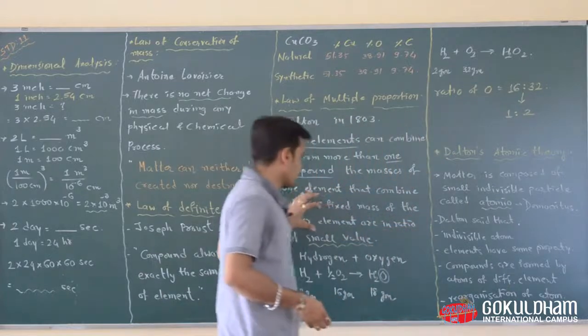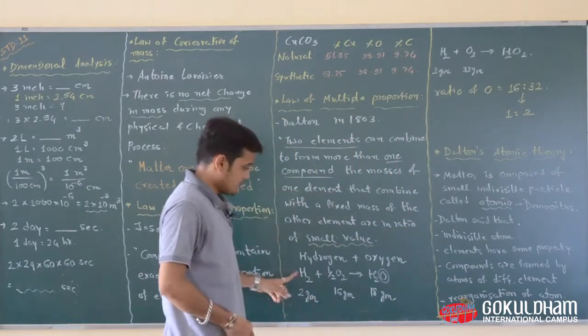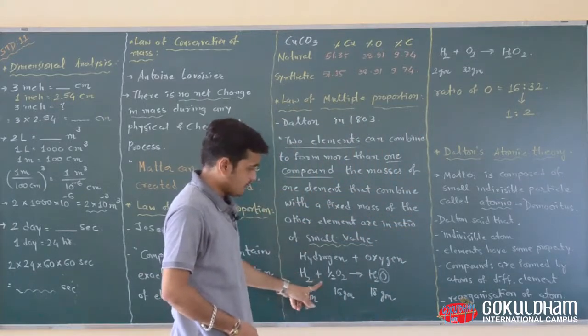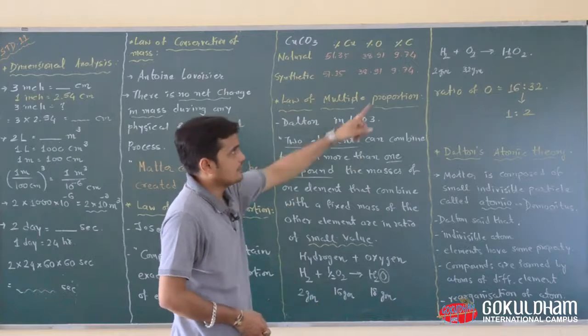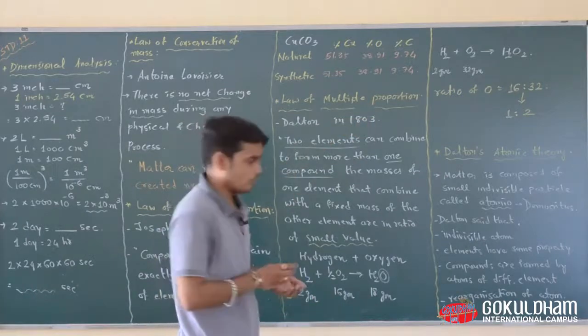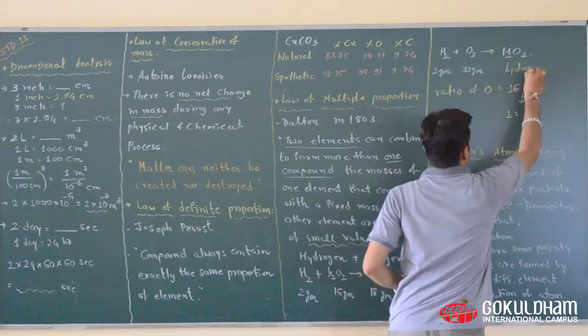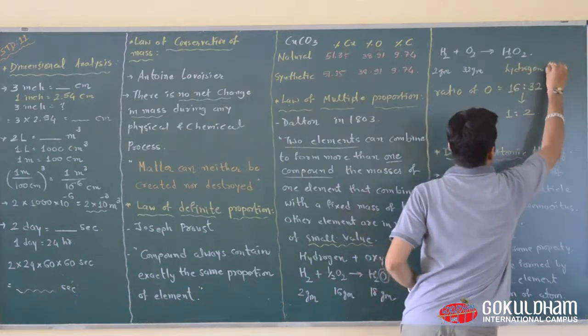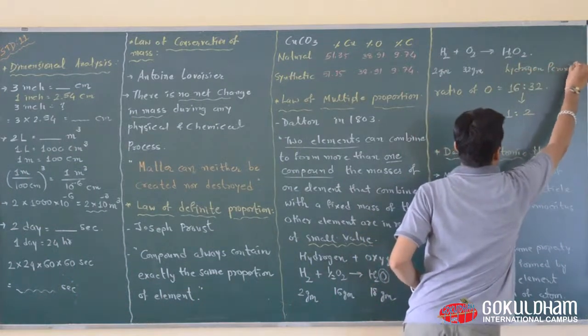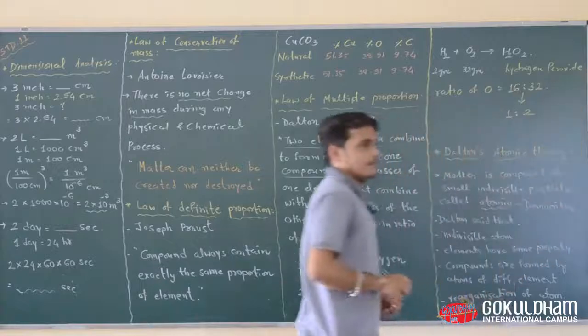So this is the rule which is understood by this example of H2O, and the another example is H2O2. This is known as hydrogen peroxide.